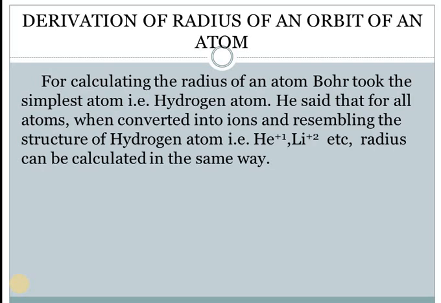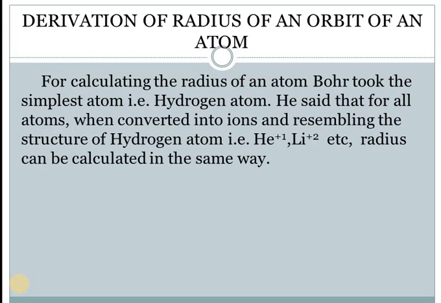If we take any higher atomic number atom, we have to convert those atoms into the simplest ionic form by losing all the electrons, leaving only 1 electron with the proton. Or we can simply say that we convert all the atoms into a hydrogen-like atom and then apply these formulas.